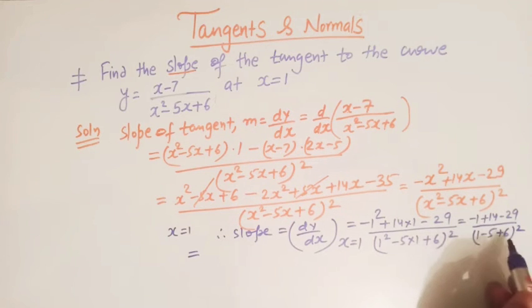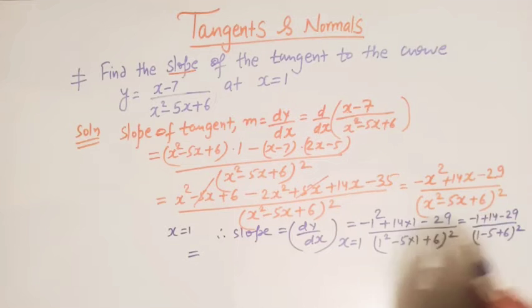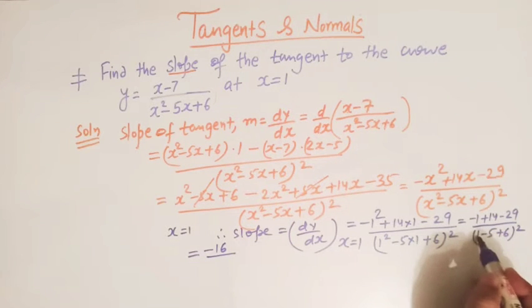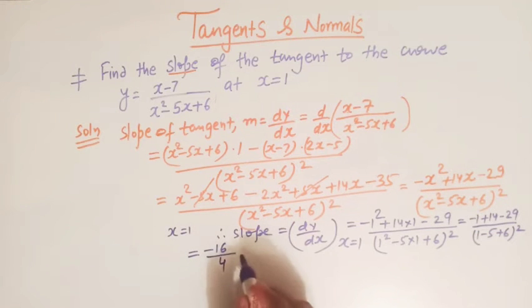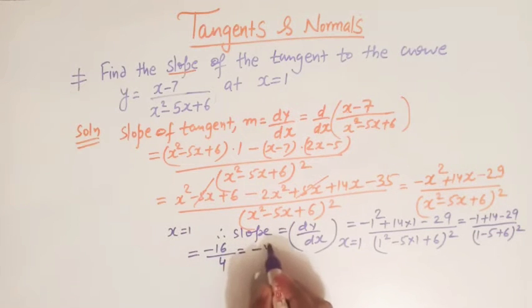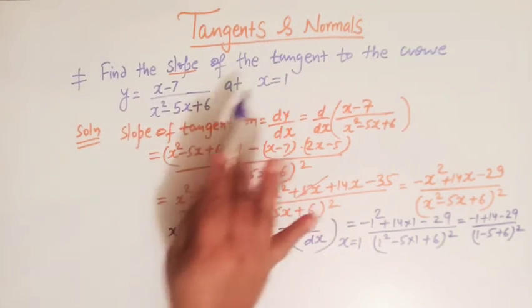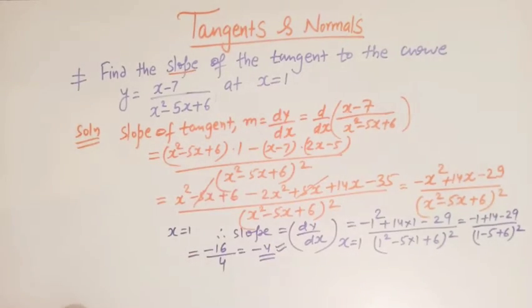Now if we simplify it, this is minus 30 plus 14, this is minus 16, and in the denominator 6 plus 1 is 7, 7 minus 5 is 2, 2 square is 4, so we have minus 16 over 4, that is minus 4, right? So this is the slope of the tangent to this curve at x equal to 1.